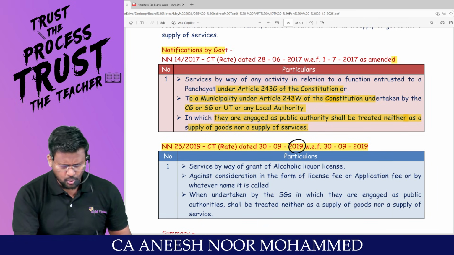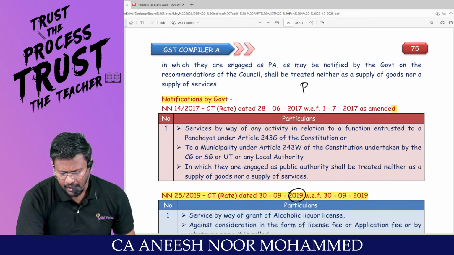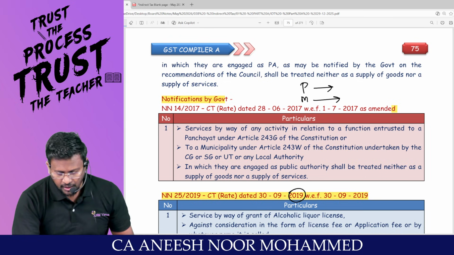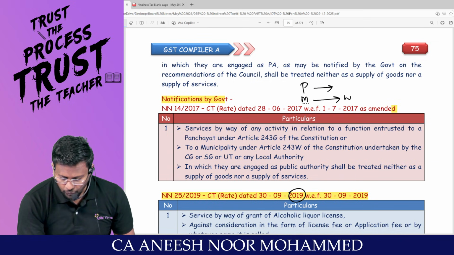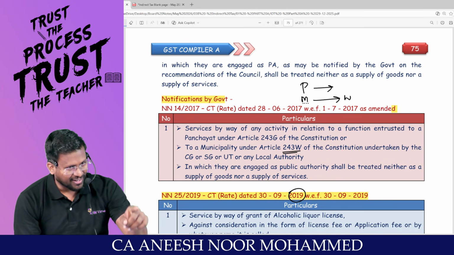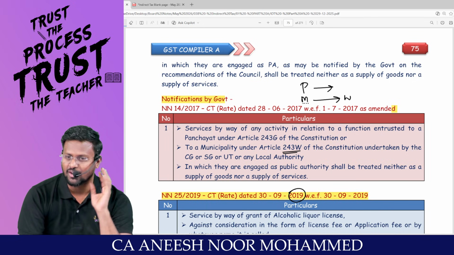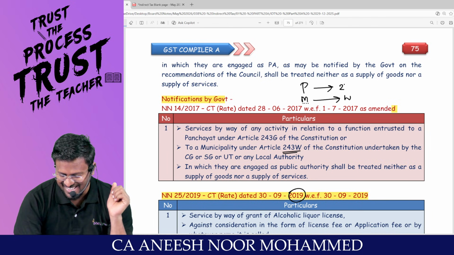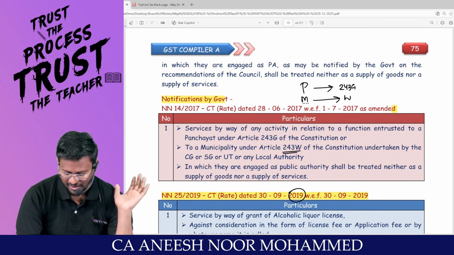So, my dear lovable students, you may be a panchayat or you may be a municipality. If you are a municipality, your letter will be W, so 243W. Any activity you undertake which is covered under Article 243W is neither supply of goods nor supply of service. For panchayat, you have to say 243G of the Constitution. Are you all really with me?